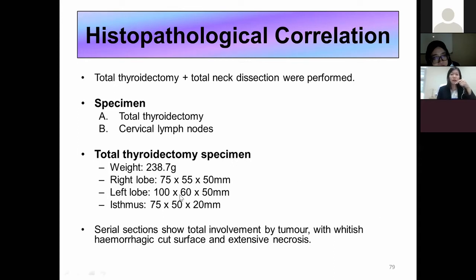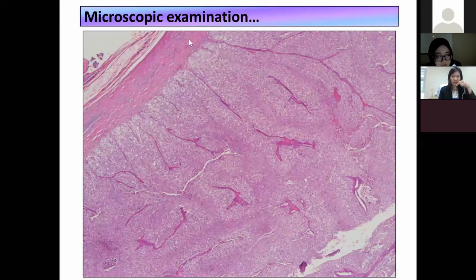So it's a very huge thyroid, weighing 200 plus grams, and the serial section shows total involvement by the tumor, with a whitish cut surface and extensive areas of necrosis. You can appreciate that this tumor is quite thinly encapsulated, composed of solid nests of tumor cells, arranged in solid, trabecular and insular patterns.